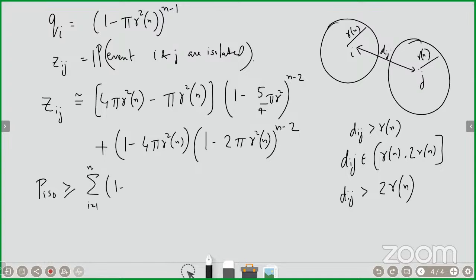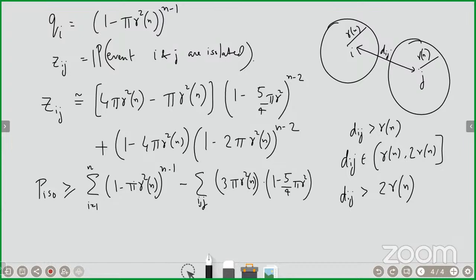Actually, it doesn't depend on the identity.